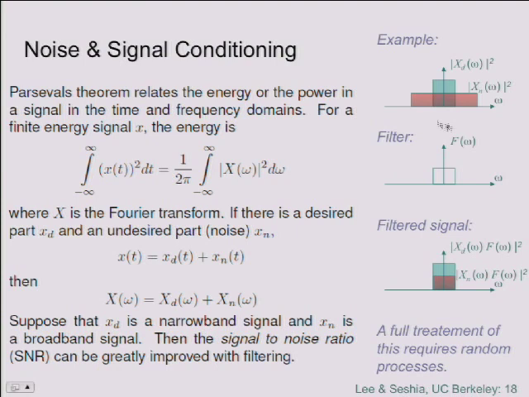So the signal power is the area under the blue curve. The noise power is the area under the red curve. The signal to noise ratio is the ratio between those two powers. The ratio between those two powers of the filtered signal is much better than the ratio of the two powers with the unfiltered signal. That's the principle of a whole bunch of math that is given to you towards the end of, what is it? I forget which chapter. One of the chapters in the book. Okay? This is all based on Parseval's relation, by the way, if you're familiar with that.